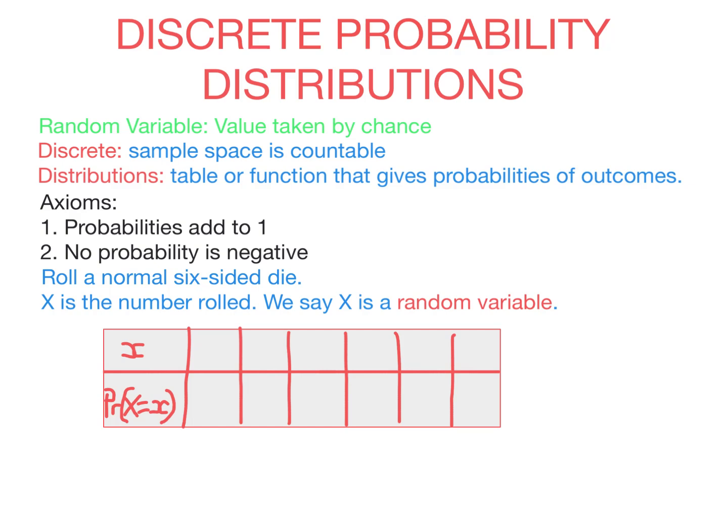Thank you so much for tuning into this video in which we will look at discrete probability distributions. So we're talking about discrete probability distributions of random variables. A variable is something whose value can change. What makes it random is that the value it assumes is determined by chance.